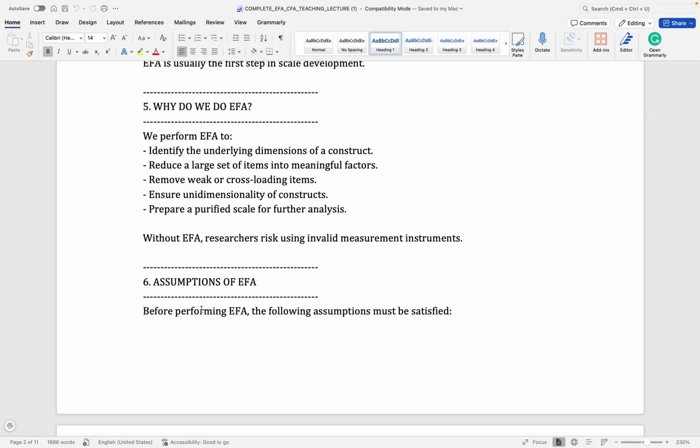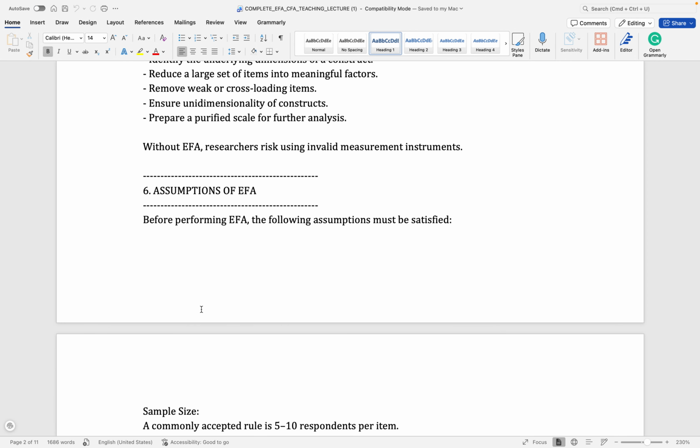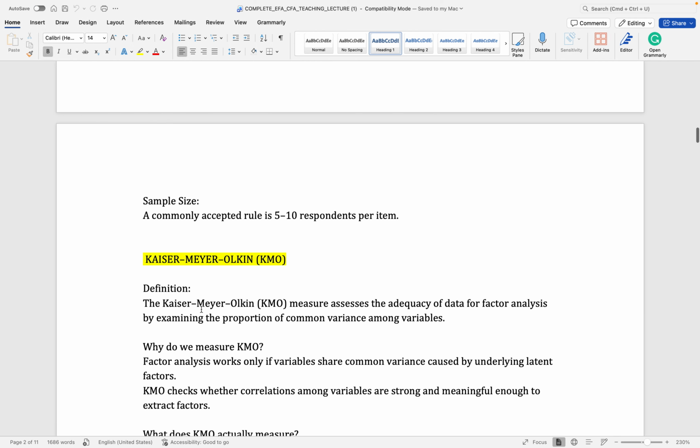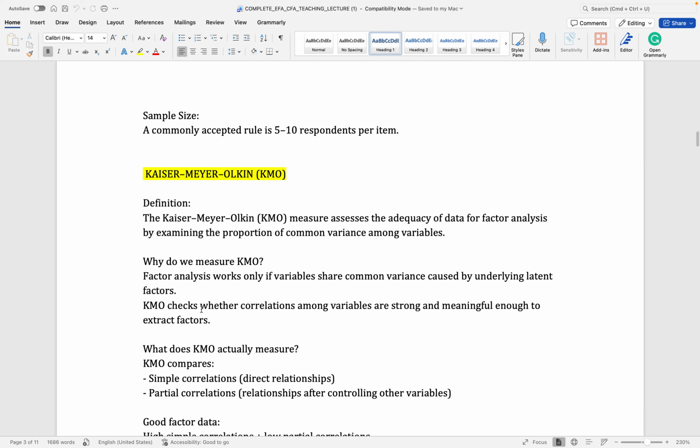Without EFA, researchers risk using invalid measurement instruments. Assumptions of EFA: before performing EFA, the following assumptions must be satisfied. First, the sample size. A commonly accepted rule is 5 to 10 respondents per item.